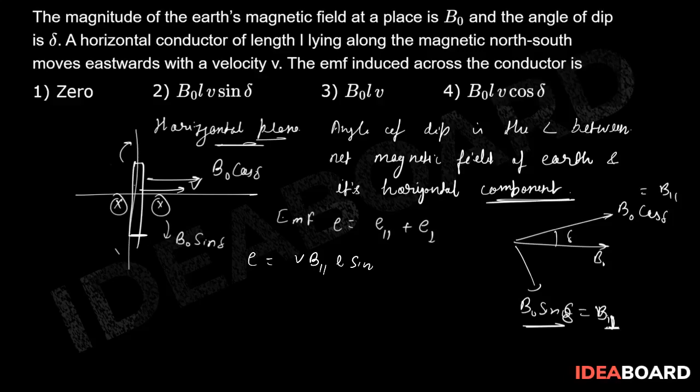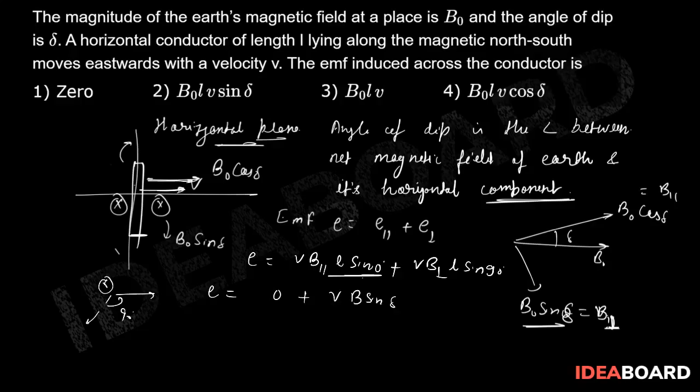For parallel, we can see clearly this is the angle 0, sine 0, plus v B perpendicular L sine 90 degree, because this is cross, into the plane, and it is moving like this, so the angle is 90 degree. Perfect. If you put the values, this term will be 0 because sine 0 is 0, plus B perpendicular is B sin delta into L into 1.